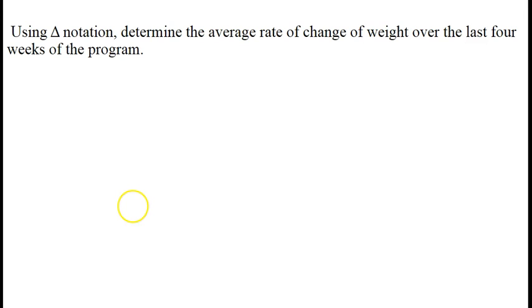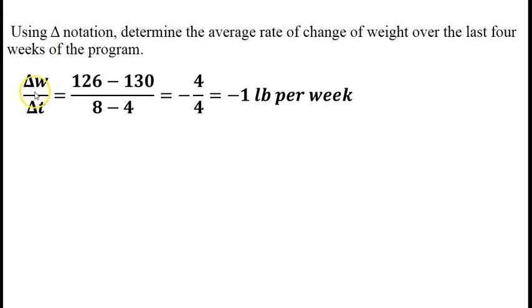And so using delta notation, determine the average rate of change of weight over the last 4 weeks of the program. And so I'm going to have delta W over delta T, and that's going to equal the average rate of change of weight over the last 4 weeks of the program. So I have my delta W over delta T, my change in weight.